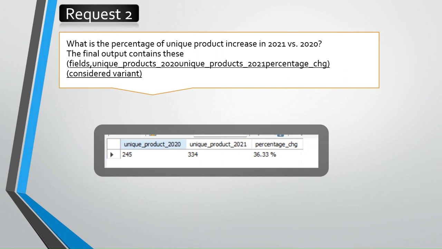Request number 2. What is the percentage of unique product increase in 2021 versus 2020? This is output that we got from the SQL query.